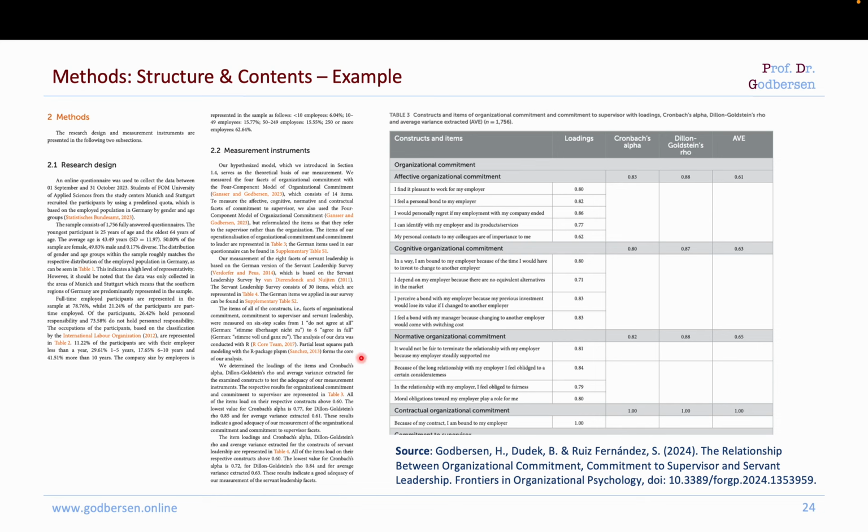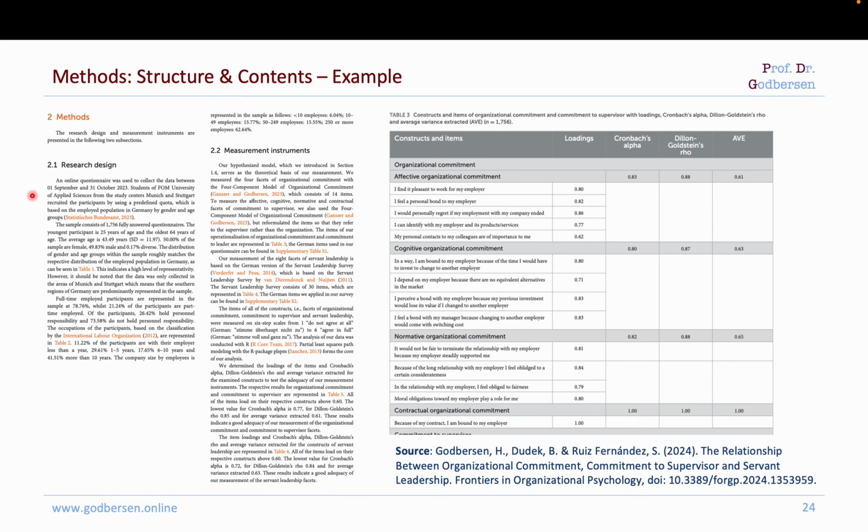Here is the example from the article, The Relationship Between Organizational Commitment, Commitment to Supervisor, and Servant Leadership. You see the methods section, as it is in the realm of psychology, has two subsections: 2.1 research design and 2.2 measurement instruments.